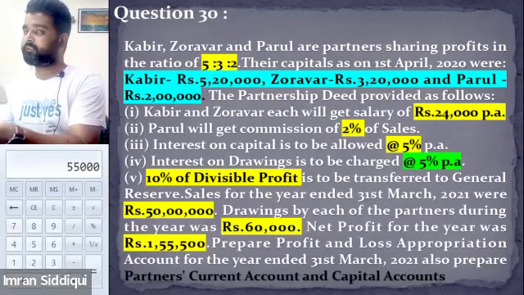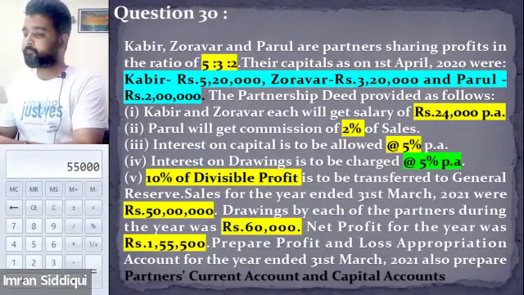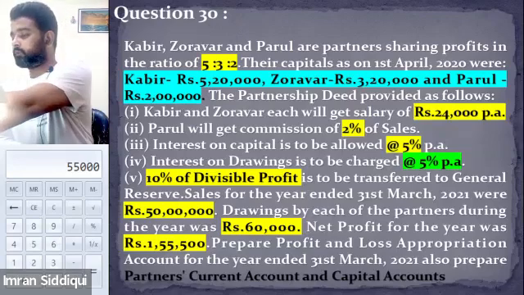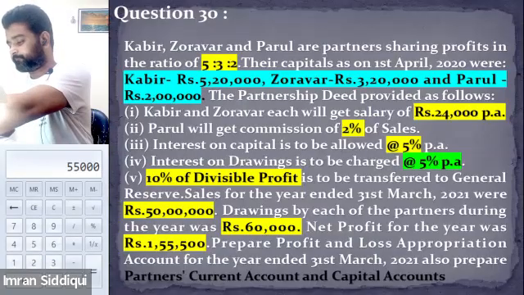Halima, you completed this question number 30? You did this question, yes or no? Not responding anything, so I'm assuming that you also did not complete the question. I cannot hear you, sir.